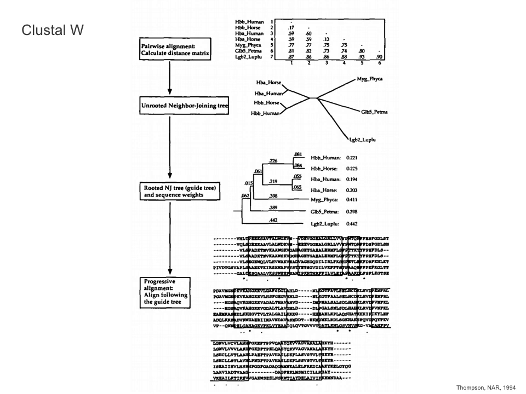The next step is the generation of an unrooted tree by neighbor joining. The next step was the rooting of that tree to generate a guide tree. And then this guide tree is being used to select the order of sequences which are used for progressive alignment.